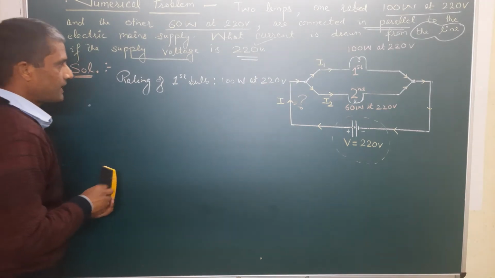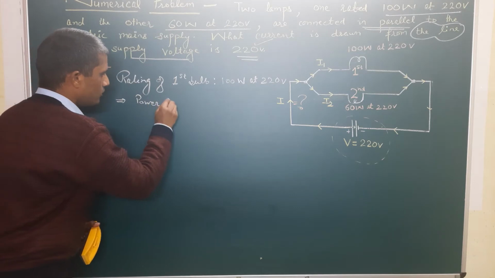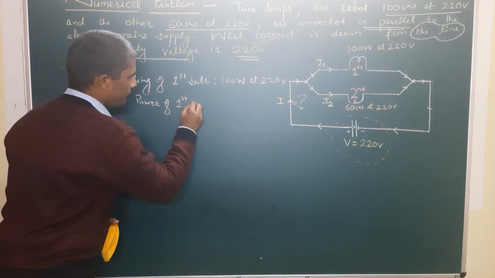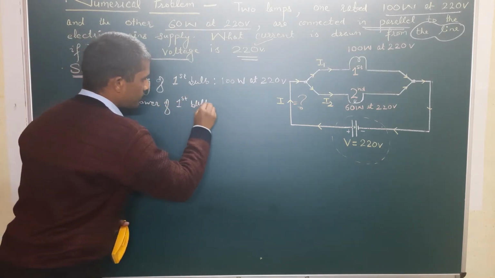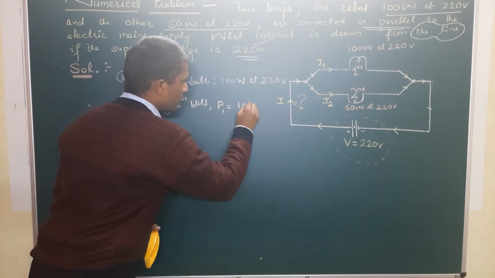So this implies that power of first bulb, that is P1, is equal to 100 watt.